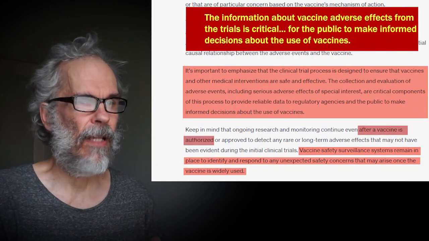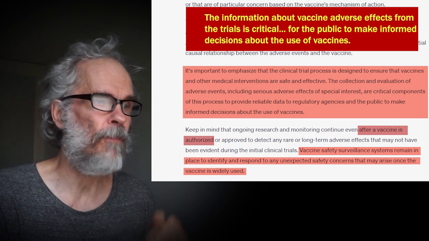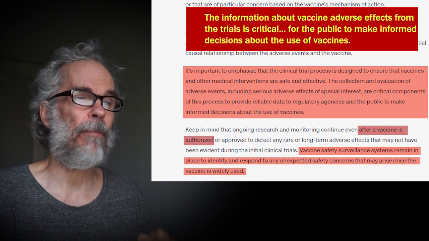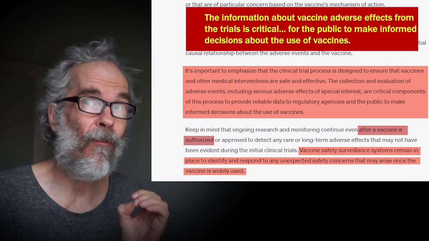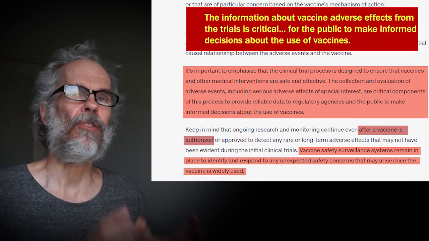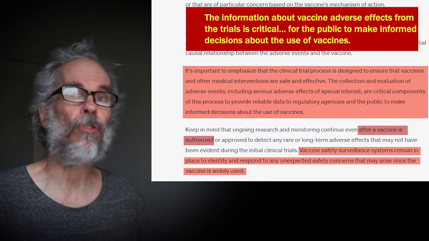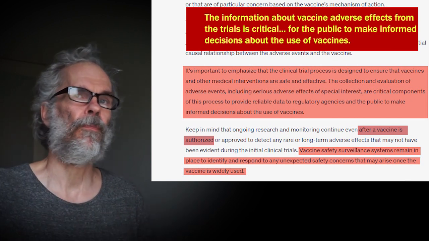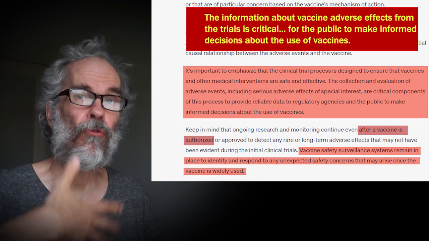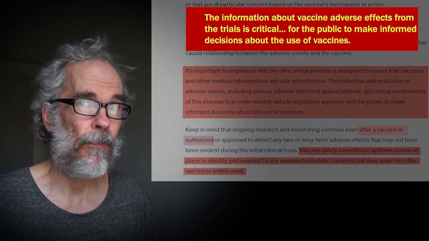Vaccine safety surveillance systems remain in place to identify and respond to any unexpected safety concerns that may arise once the vaccine is widely used. So this is another thing to make a note of, that it is important to continue the surveillance of vaccine safety throughout the vaccine campaigns.